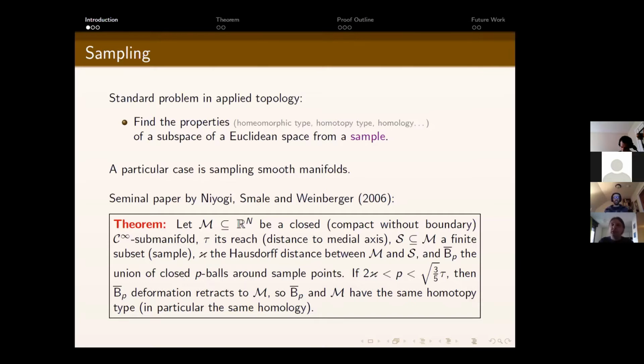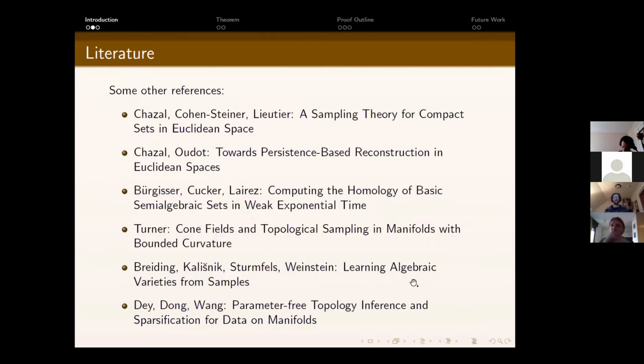Now, as mentioned, there are a lot of different variants on this topic. For example, you can do this for spaces other than manifolds. A popular example are compact subsets of Euclidean space, where you don't put the conditions based on a global feature size, such as the reach of a manifold, but variants of local feature sizes, and so on.